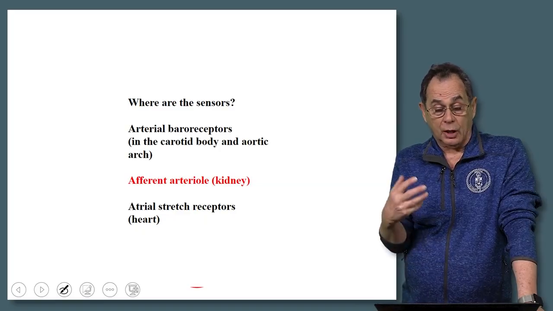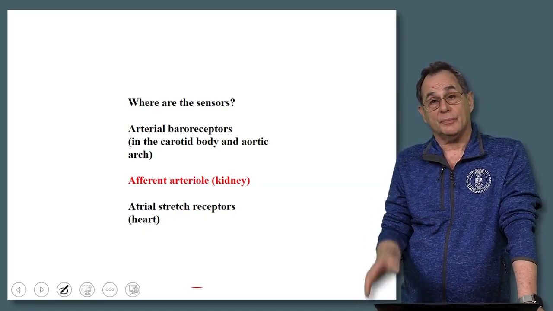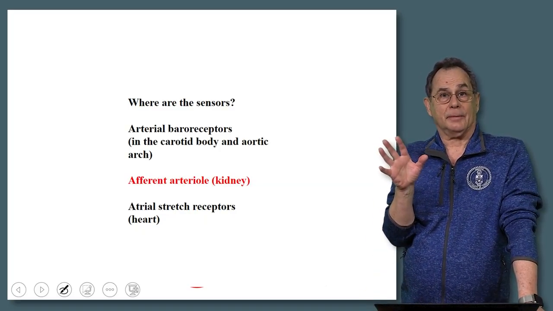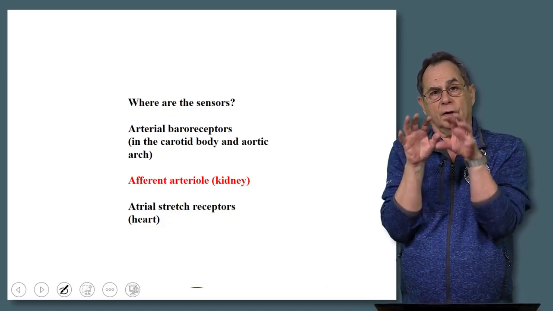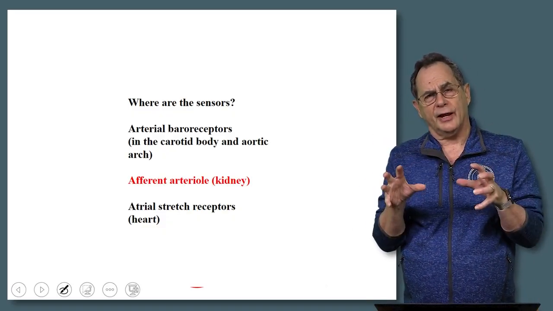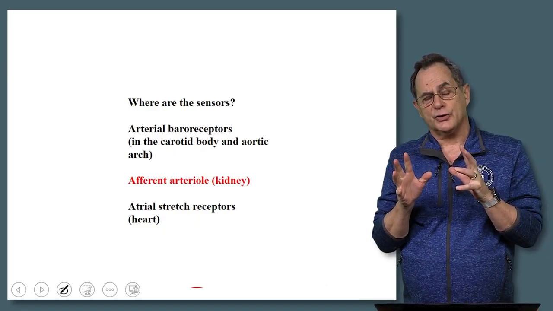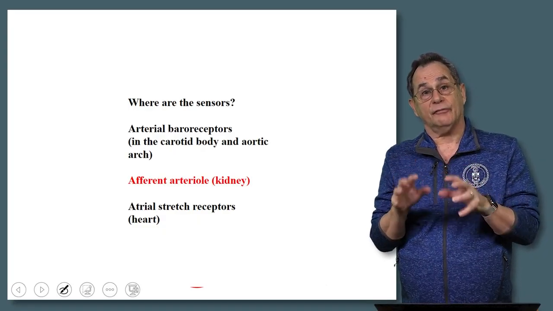Well, actually, there are other baroreceptors in the afferent arteriole of the kidney. So not only do you have baroreceptors sitting in the arch of the aorta, but you have baroreceptors sitting in the afferent arteriole.